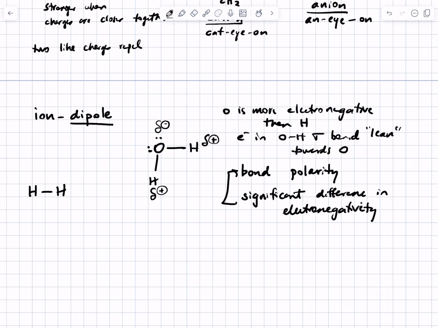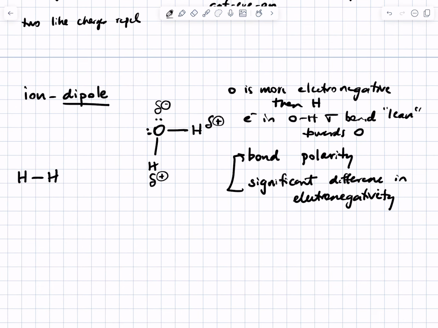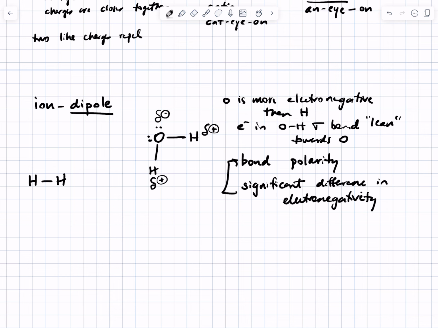Most of the things you're going to see in biochemistry that have polar bonds are going to be OH or NH bonds. Also CO and CN bonds. So if a bond is polar, if a molecule has polar bonds, well, let me back up just a little bit.